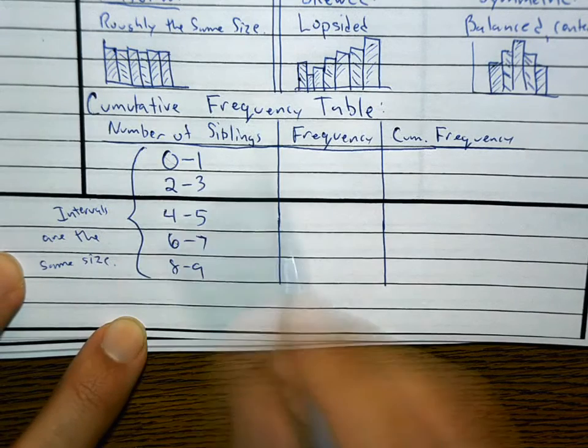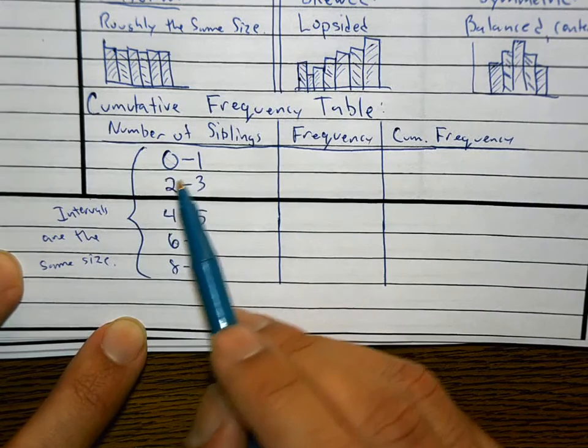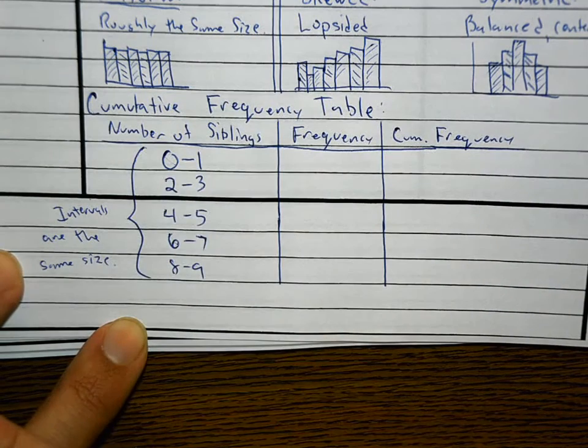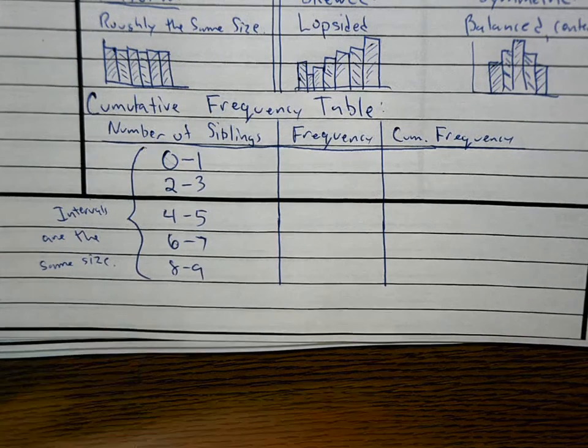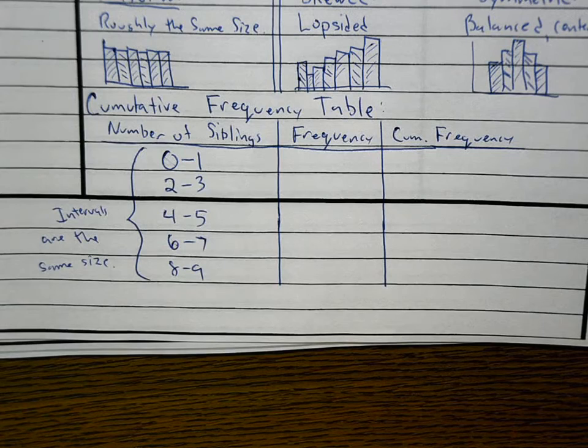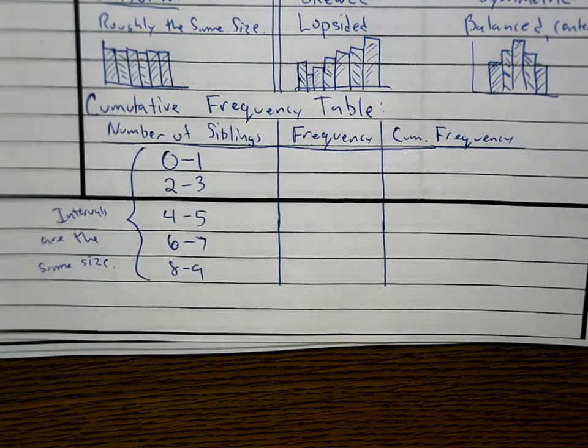Instead of me doing 0 and 1, I could have done 0, 1, or 2. I could have made my categories bigger had I known we had a Cassie in the family. It's okay. Let's see how this pans out. I have no idea what this is going to look like because I don't know how to organize the data, but let's see how it goes.